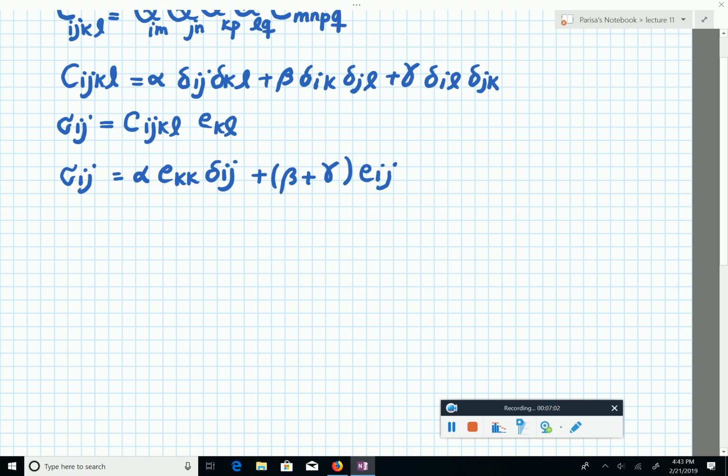And if you recall from last time, this form should somewhat look familiar to you. This is the form that I magically arrived at. I just didn't use alpha. I used lambda, and instead of beta plus gamma, I used 2 mu, right?